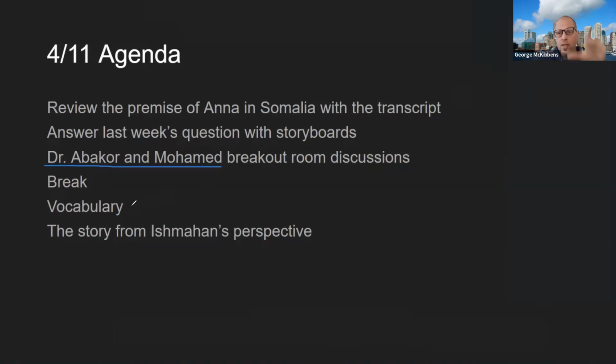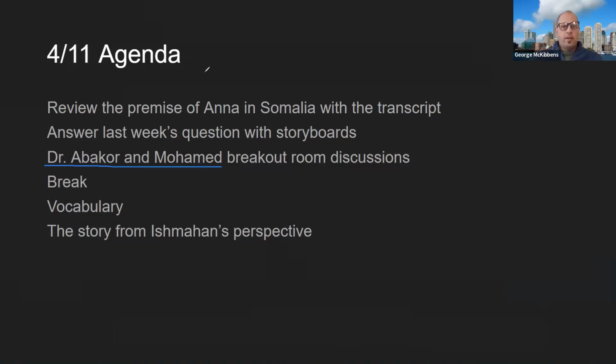Then I'm going to review the second column of the vocabulary list that I gave everybody. So I gave everybody about 12 vocabulary words last week for the beginning. And there's about 12 more I'm going to review with everybody today to understand this next part of the story.